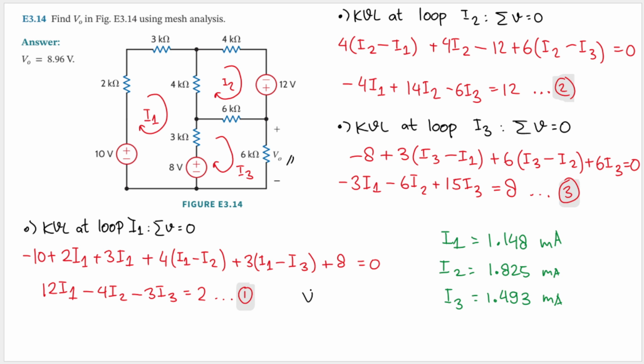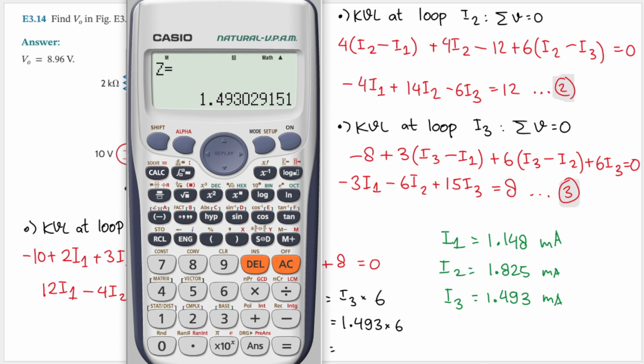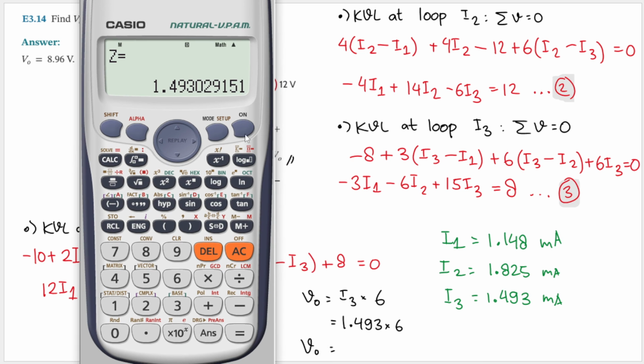And we can calculate that using Ohm's law, right? Because V0 is just I3, the only current that passes through it, multiplied by the resistance, which is 6. So we will have 1.493 multiplied by 6. Okay, let's calculate this.